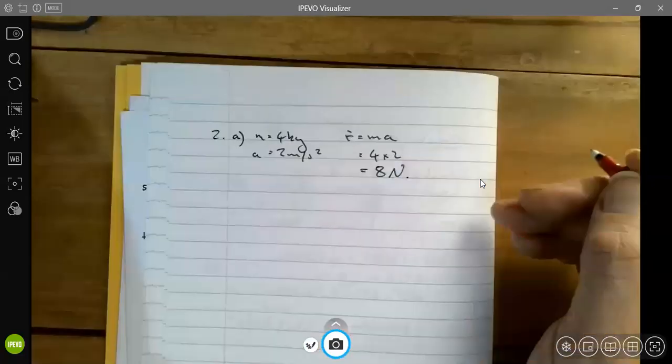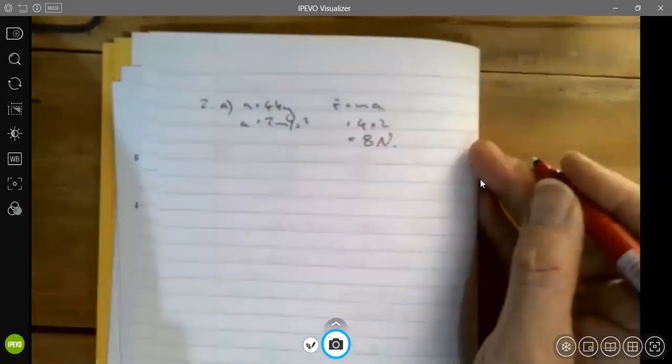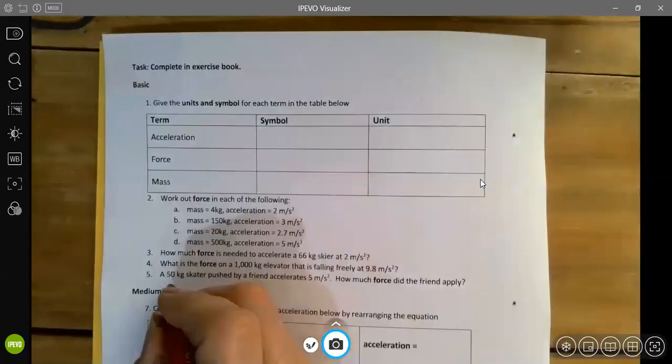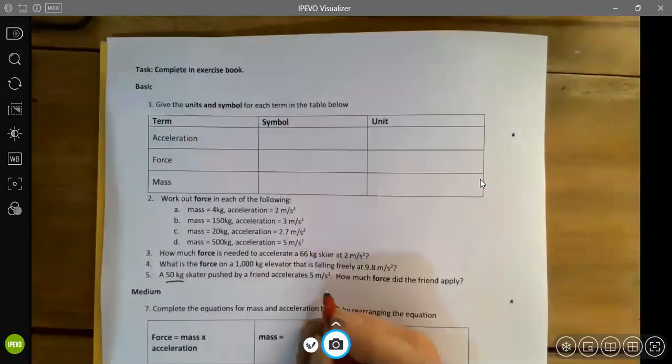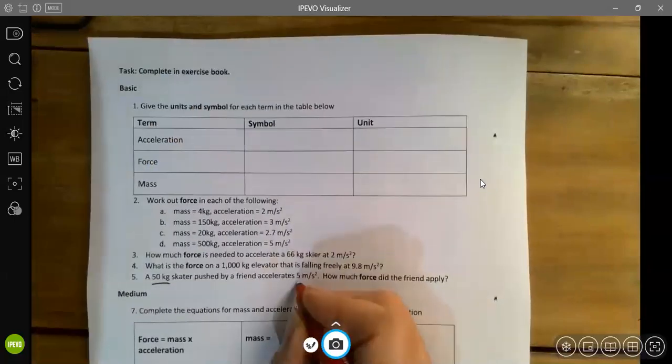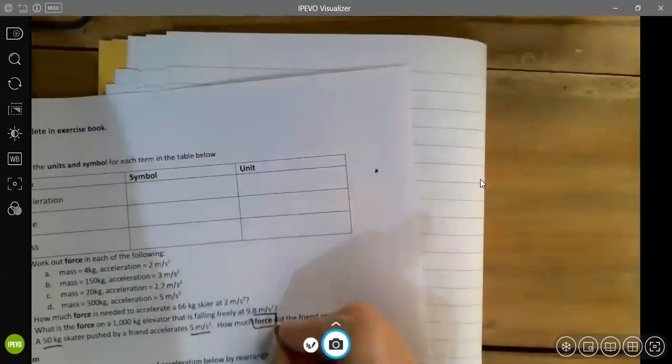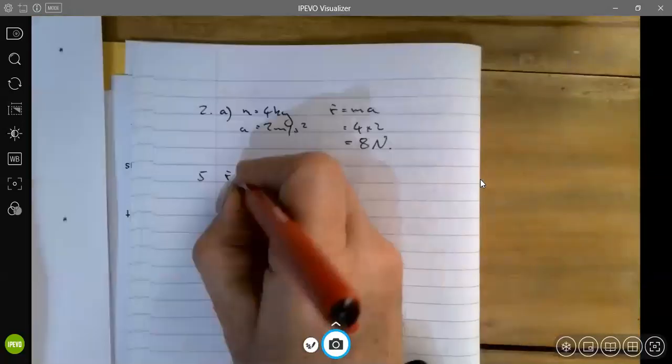Okay, question number 5. There's a 50 kilogram skater pushed by a friend who accelerates 5 meters per second squared. How much force did the friend apply? So, force is equal to, we don't know.